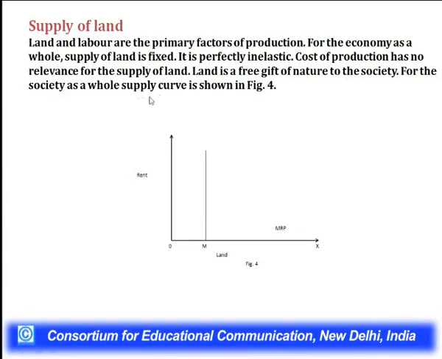For the society as a whole, the supply curve is shown in figure 4. Land is shown on the x-axis, rent is shown on the y-axis, and OM is the supply of land, and this remains constant. So the supply curve is parallel to the y-axis. We cannot increase or decrease the supply of land because it is fixed.